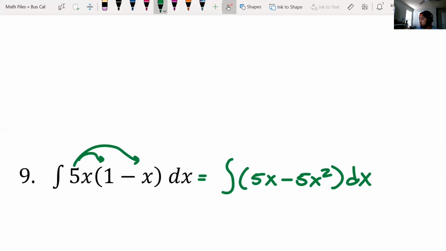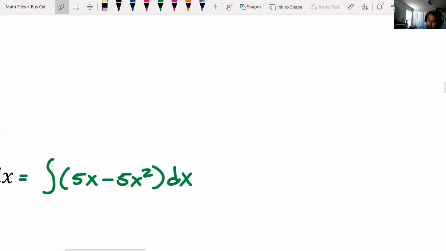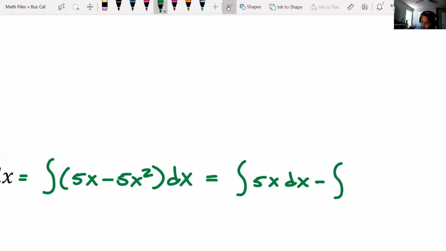Okay, so we distributed the 5x, and now I have 2 terms inside my integral, which means we're going to split this into 2 integrals. I'm going to have the integral of 5x dx minus the integral of 5x squared dx.